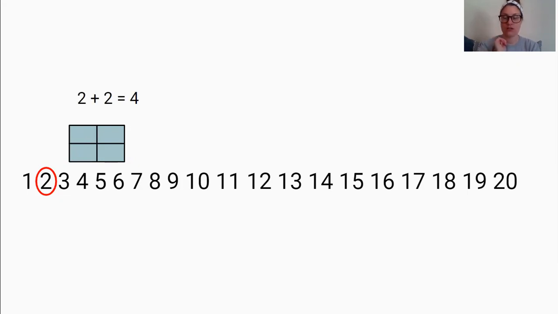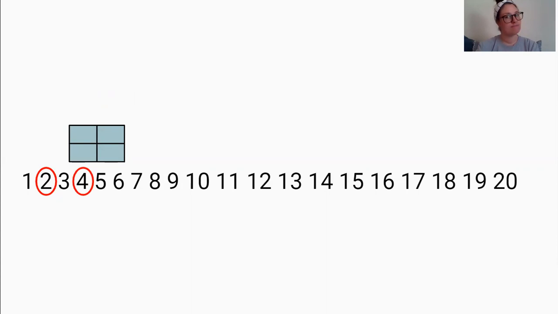That gives us 4. Because each tile has a pair, here's one and here's one, or because it's a doubles equation, 2 plus 2, it's the same number 2 times, we say that 4 is an even number.